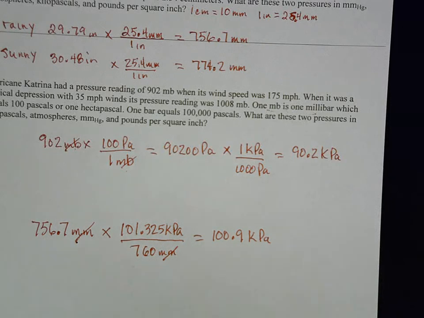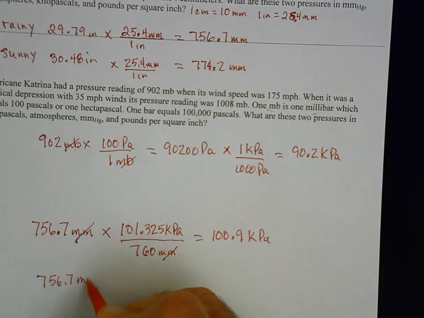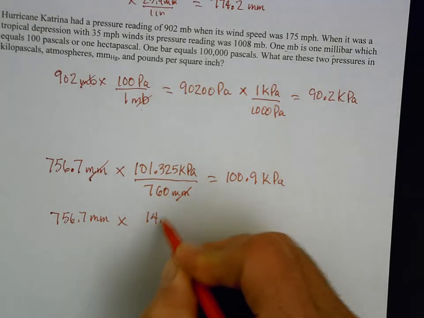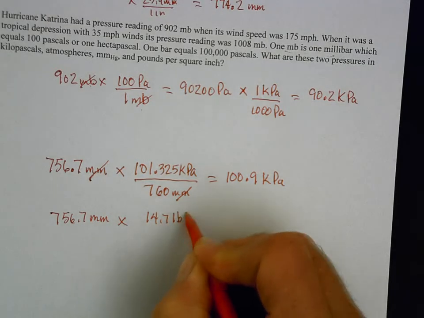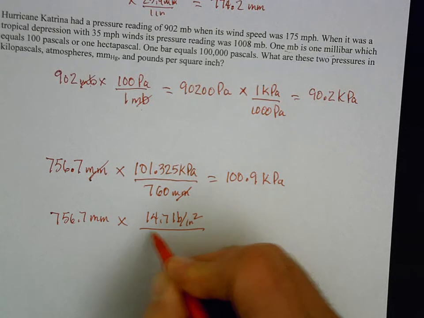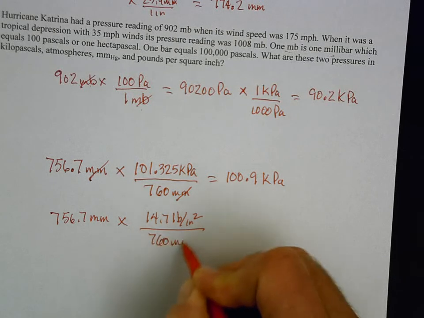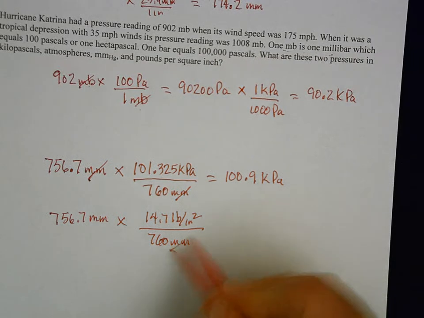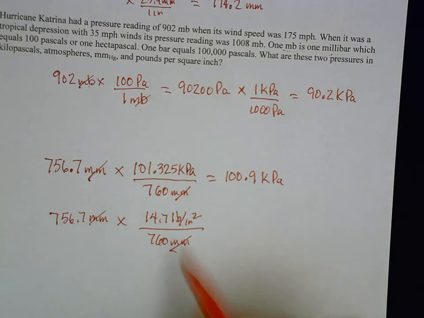Okay, now I want to go to, say, the pounds per square inch. So I could do the same thing I just did, except this time I'm going to have the 14.7 on top and the 760 on the bottom. So see how similar those two are, but instead of ending up in kPa, I'm going to end up in the pounds per square inch.